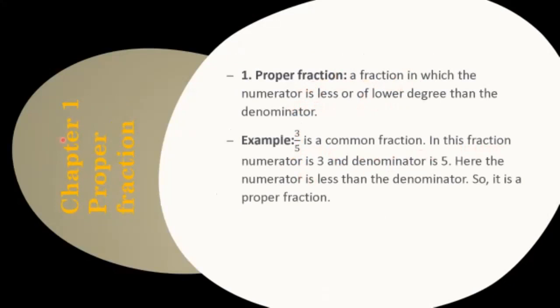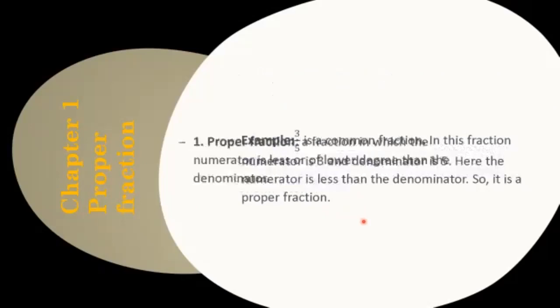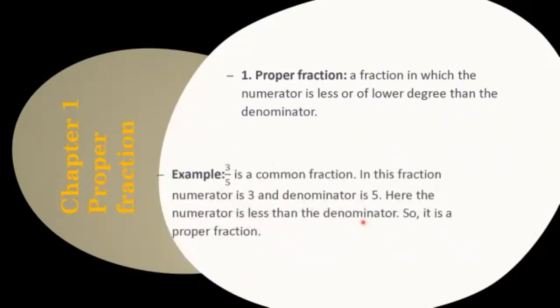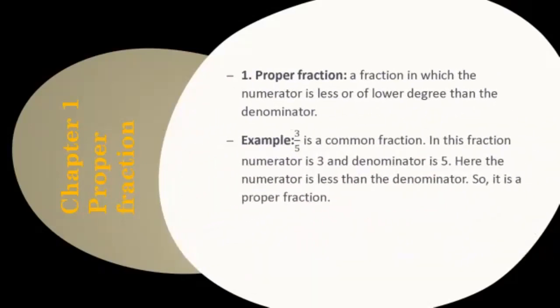In this fraction, numerator is 3 and denominator is 5. Here, the numerator is less than the denominator, so it is a proper fraction. You can see 3 is the numerator and it is less than the denominator, which is 5. So this is the proper fraction, my dear, and this is the example 3 divided by 5.